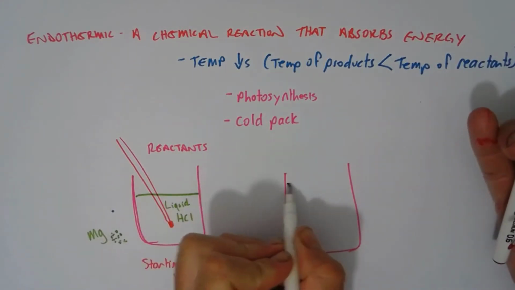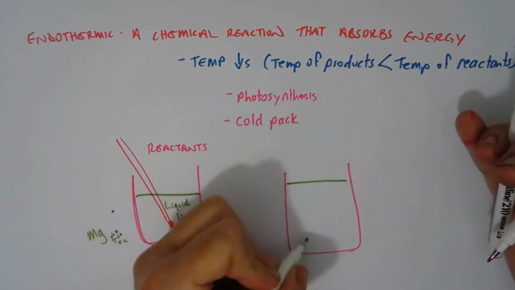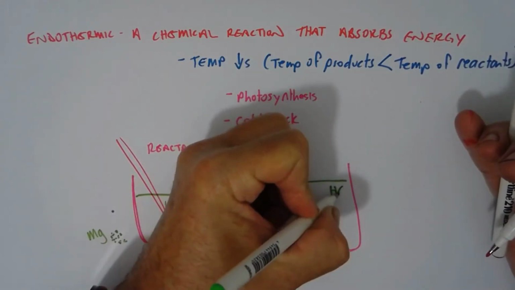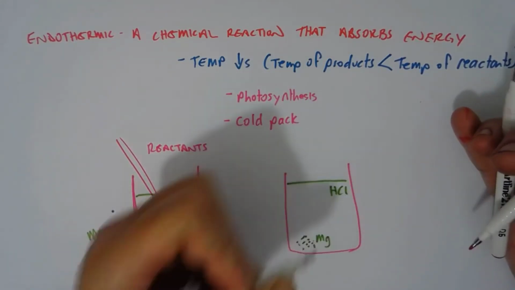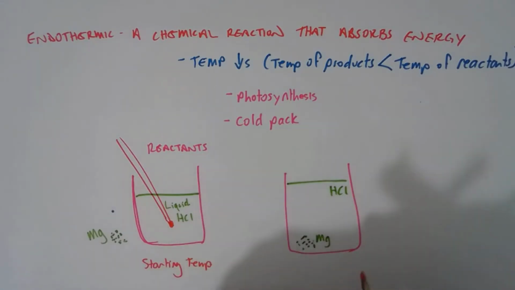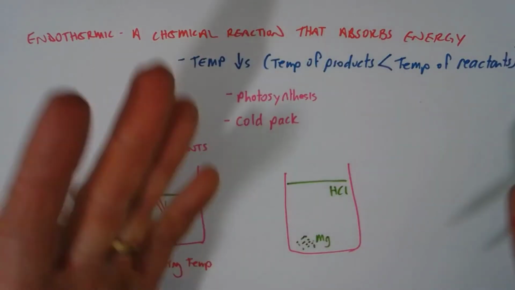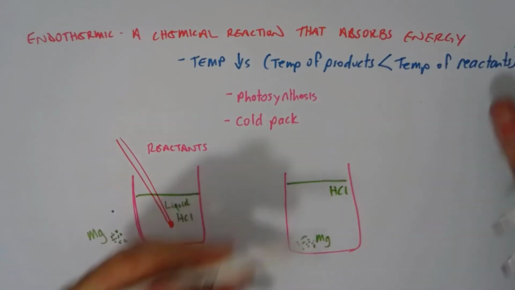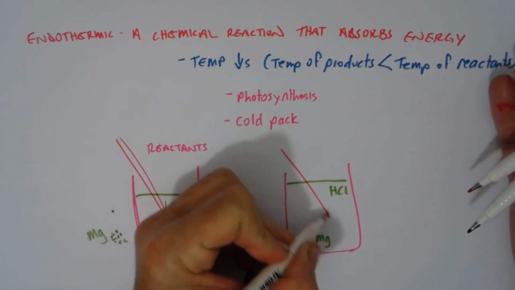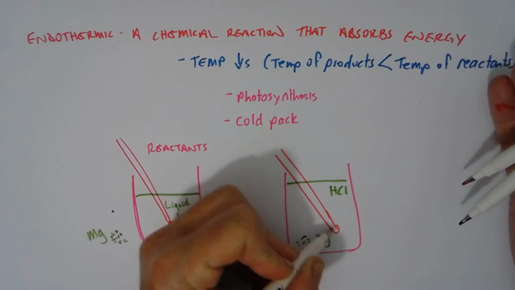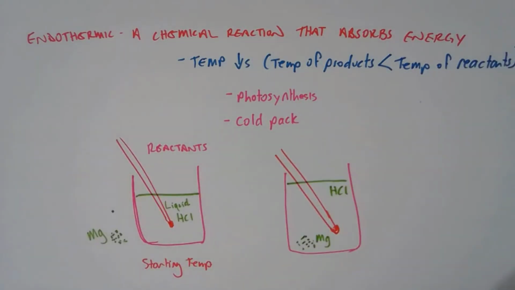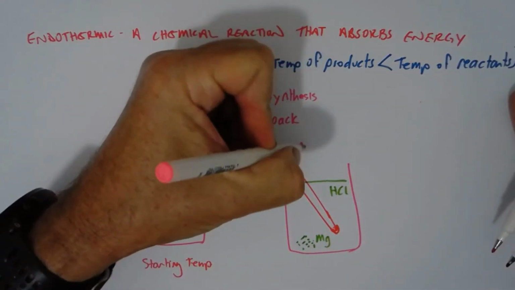So in other words, we're going to add our magnesium to the hydrochloric acid, and they're going to react away. They're going to fizz. They're going to produce hydrogen gas. But also, what's going to happen to the temperature? So we're measuring the temperature before, and then we're measuring the temperature after. So by doing that, we're now measuring the temperature of the products.